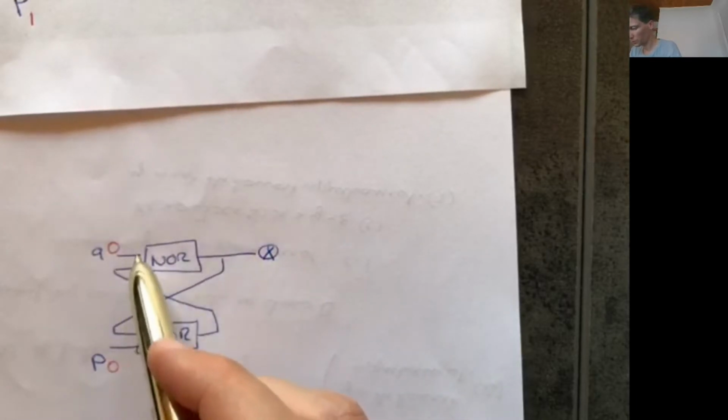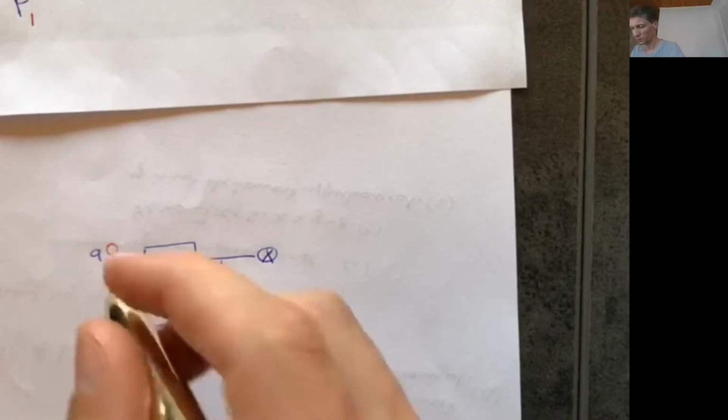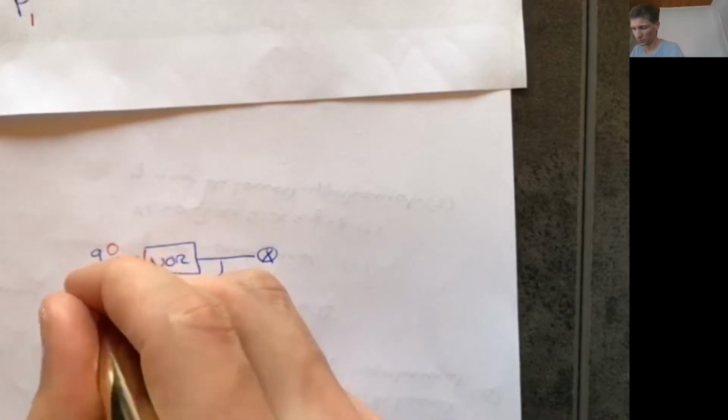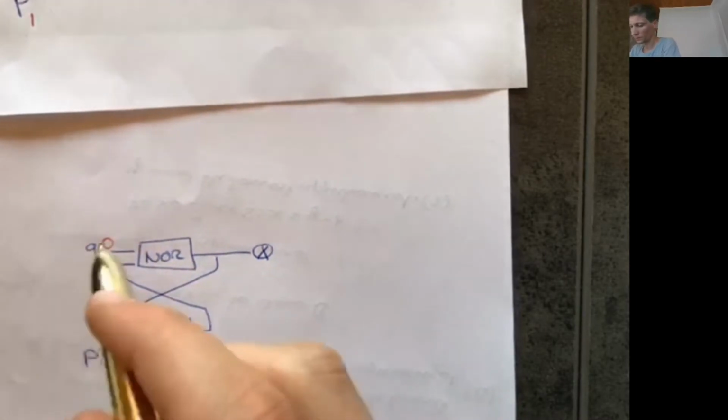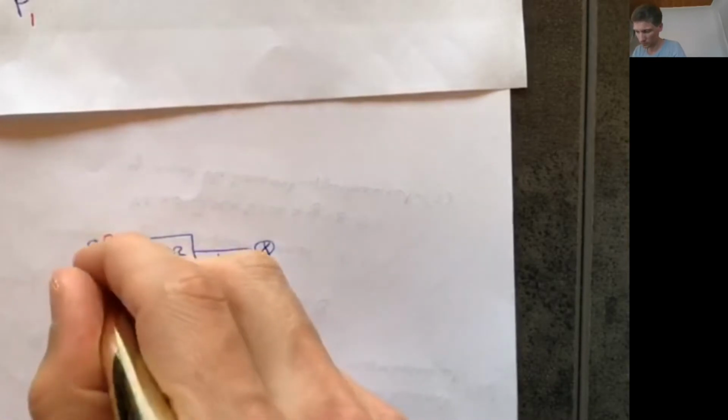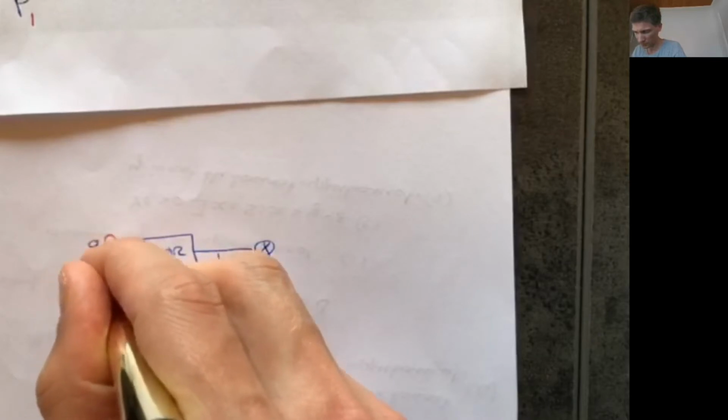So basically we don't know what's going to happen here, and we don't know for sure what's going to happen here, right? So we have to make some assumption on the value of this input or this input. For example, assume that this input is equal to 1. So this is case 1. Let me draw it in green. Case 1 should be the green case, and then we will consider case 2 to be the other one.